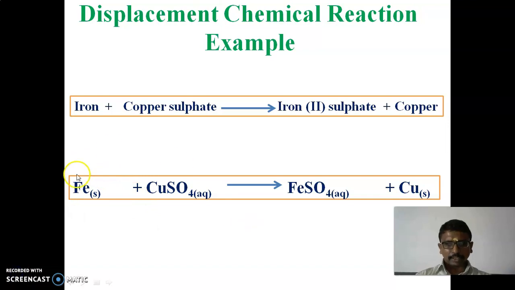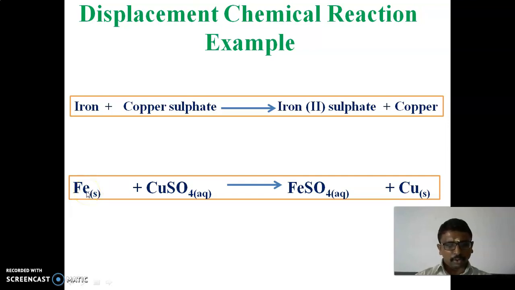So you can see here iron is more reactive when you compare with copper. So here the element is Fe, that is iron, and here it is a compound, that is copper sulfate. So here A is copper and B is sulfate. So here A, that is copper, is less reactive.